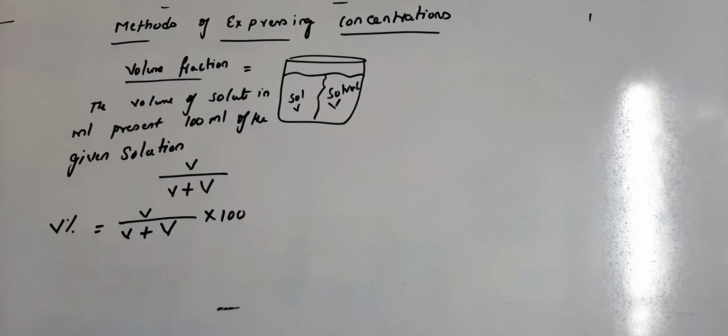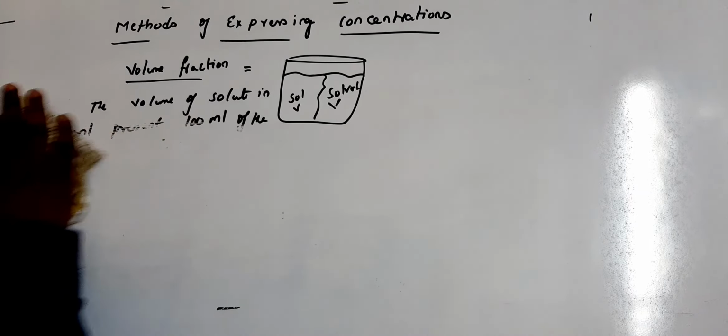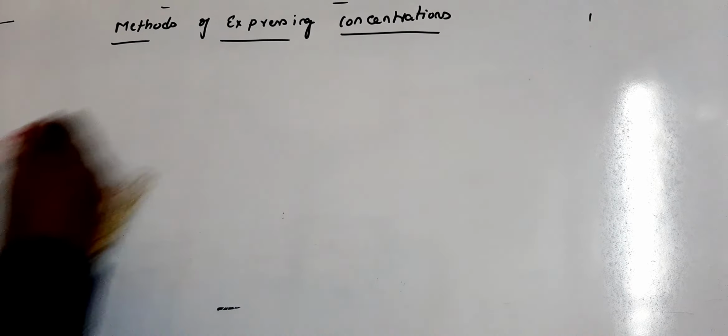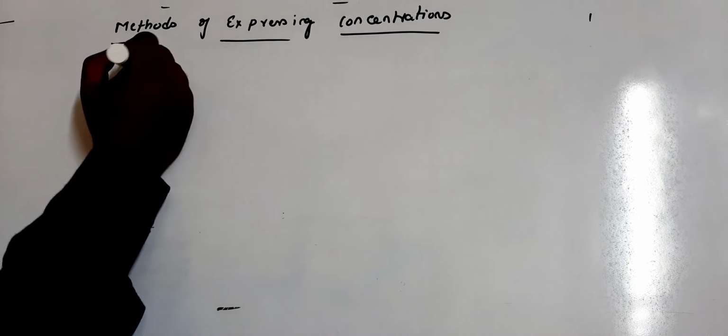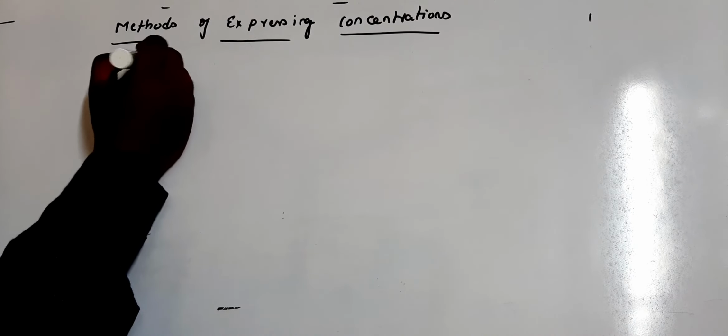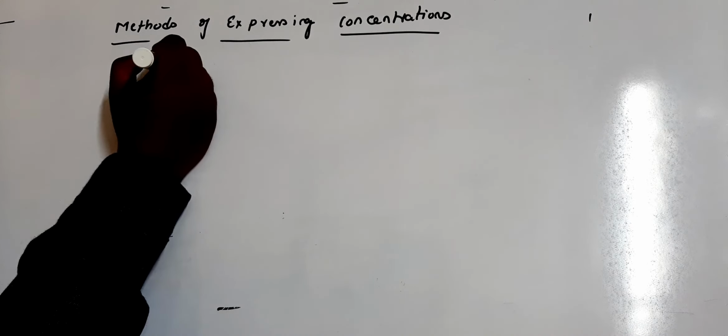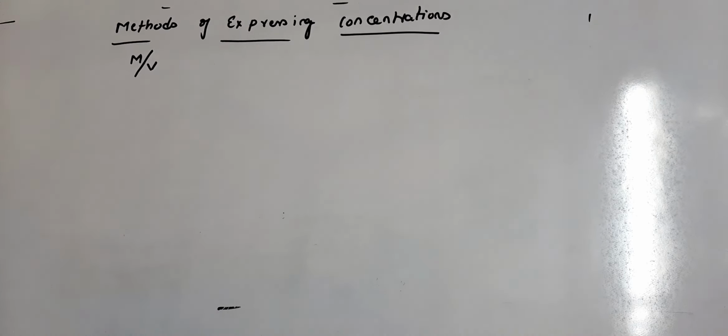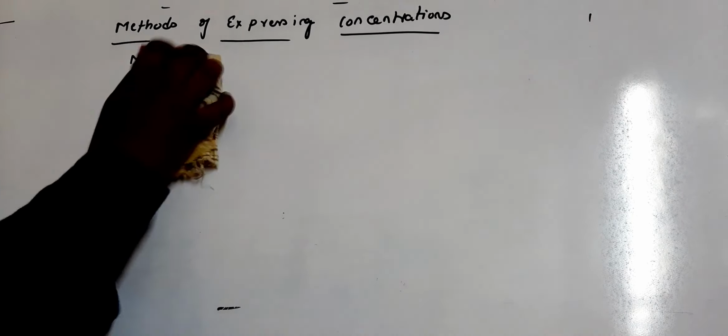Okay, next we are moving to mass by volume percentage. Mass means w, volume means v.